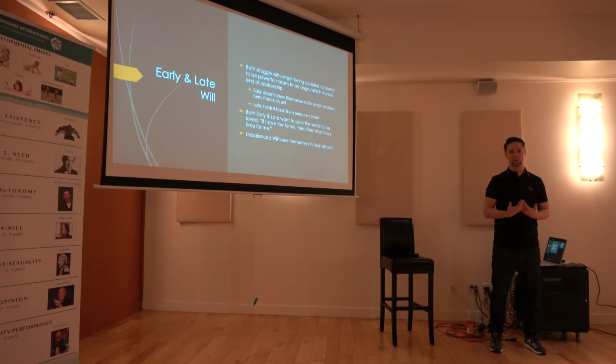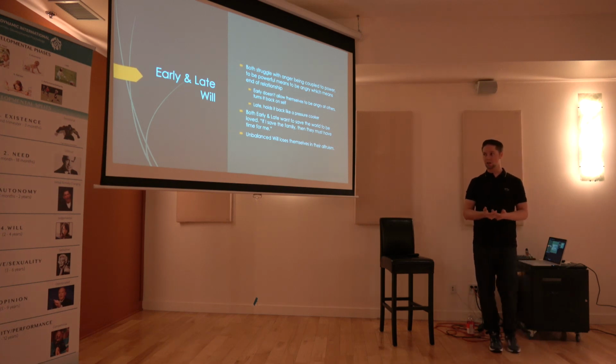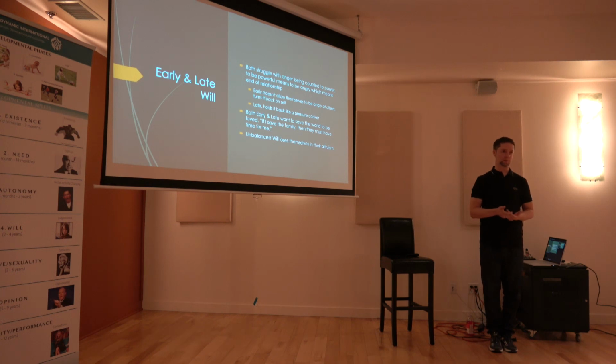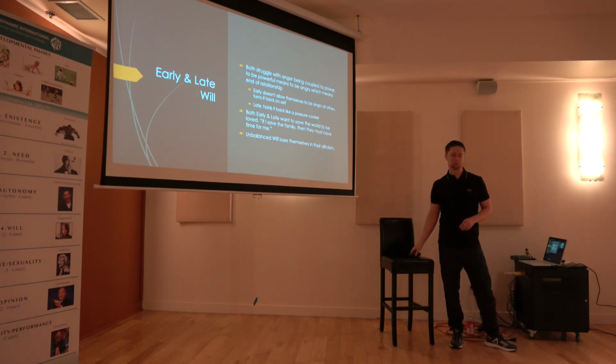And so that's where this real caretaking and this real sense of altruism can come from in both the early and the late position. The early one will take on this sort of self-sacrificing role. The late position can take on this really judgmental but protector role. And so the unbalanced will loses themselves in their own altruism.